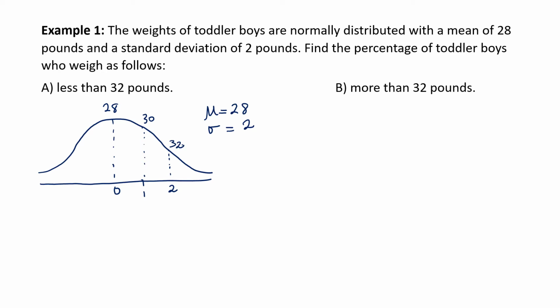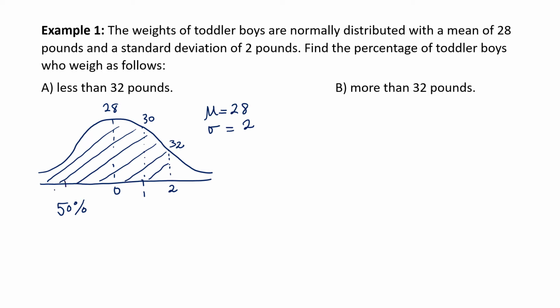Now we want to find the percentage of boys who weigh less than 32 pounds. So let's shade the region that would correspond to the left of the standard score of 2 under the bell curve. Now we'll use the empirical rule. To the left of 0 is 50% of the total area. Now let's look at the right.